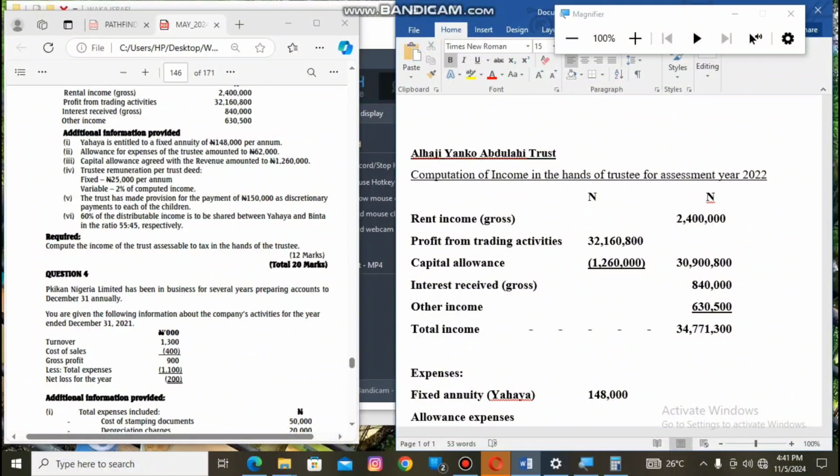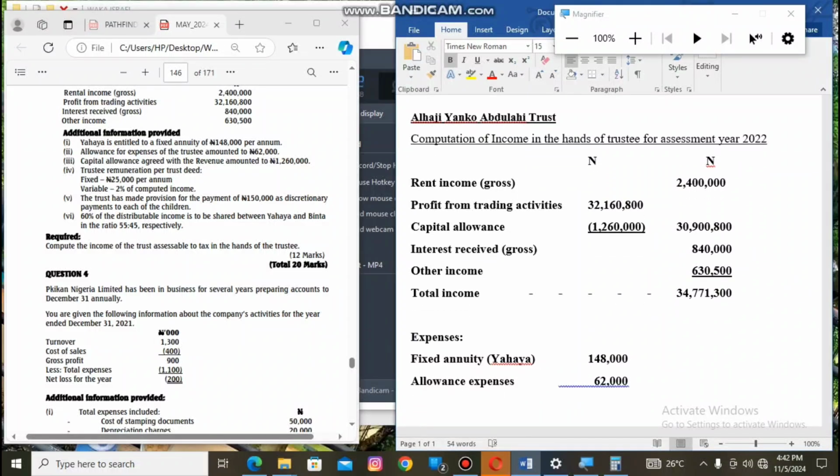How much? 62,000 naira. Okay, so let's continue. Capital allowance, we've stated that already. Trustee remuneration, trust deed. Okay, fixed is 25,000 per annum. So you write fixed trustee remuneration. How much? 25,000.